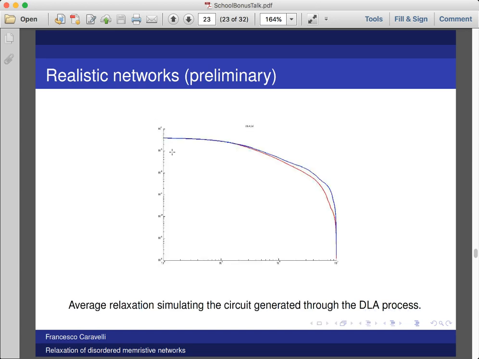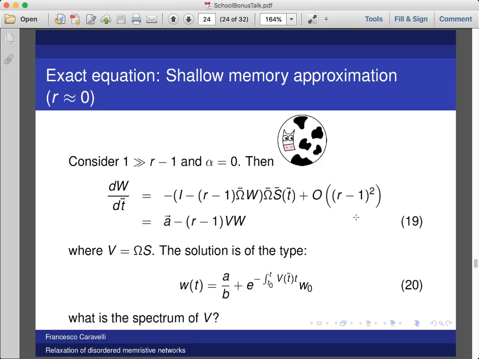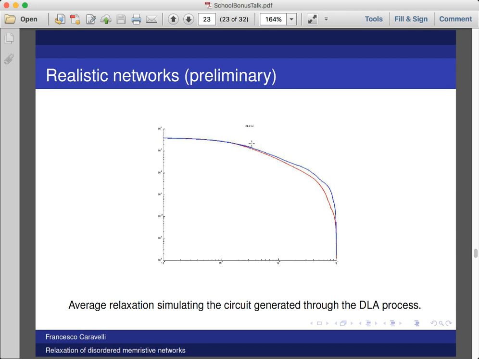And if you look at the realistic networks, you see they also follow some power law relaxation. And in general, you need to explain why several networks, even if very different in nature, have this power law relaxation.